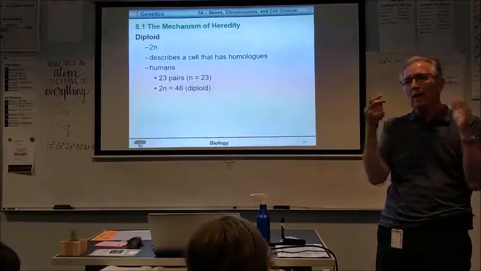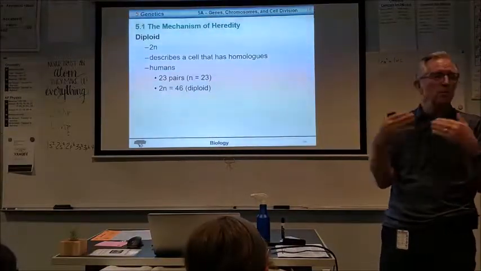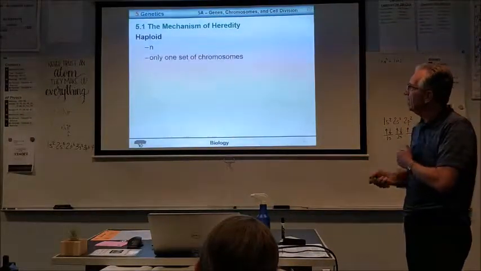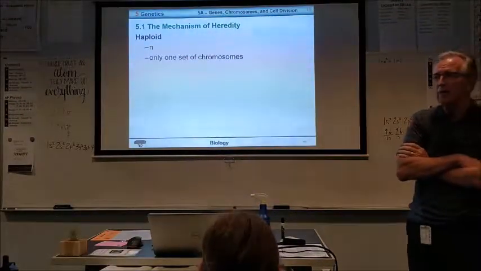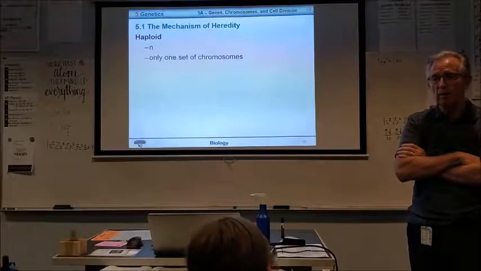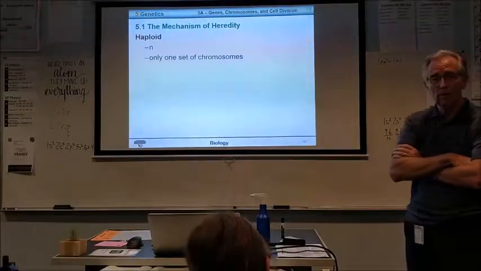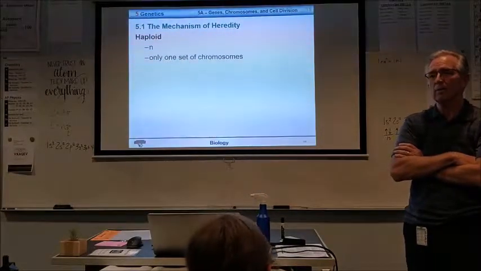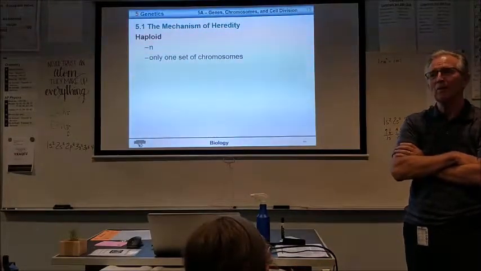So that's how sexual reproduction takes place. The word for N, just having one of each pair, is haploid. So sex cells, sperm and egg, are haploid. And two haploids make a diploid.